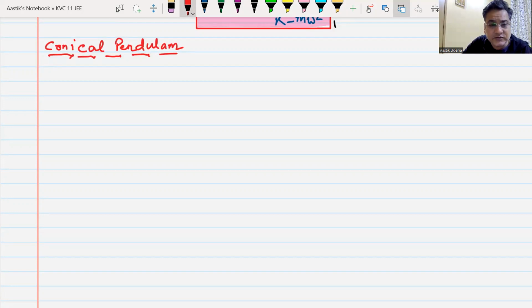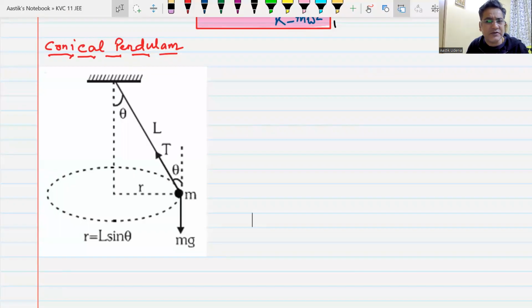Does anyone know what a conical pendulum is? No one has heard about it, as expected. This is a typical thing, so I don't expect you to have known about this.